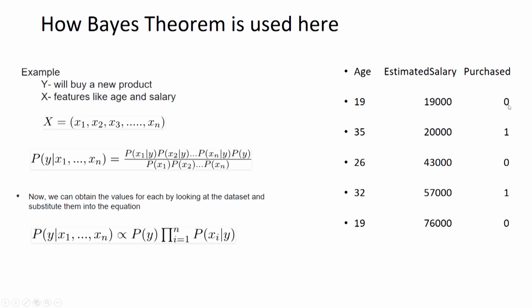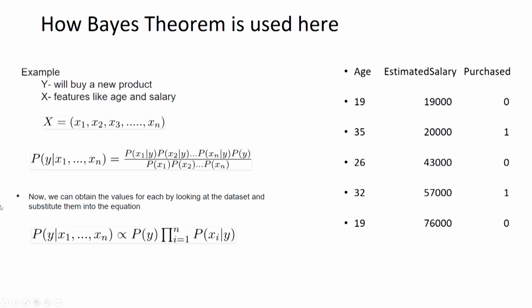When its value is 0, it means that the person has not purchased that product. If it is 1, it means the person has purchased that product. So, based on the age and salary, the person may or may not purchase the product. We want to learn it. Now, if we learn this from this data set, for any new person, we can predict whether the person would be interested in purchasing that product or not.